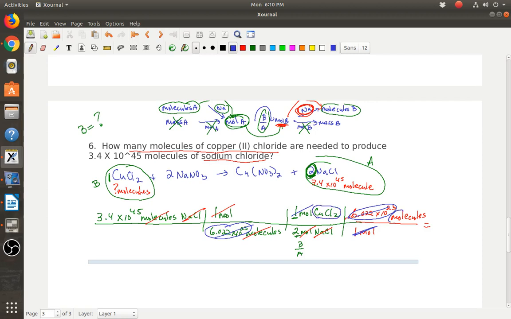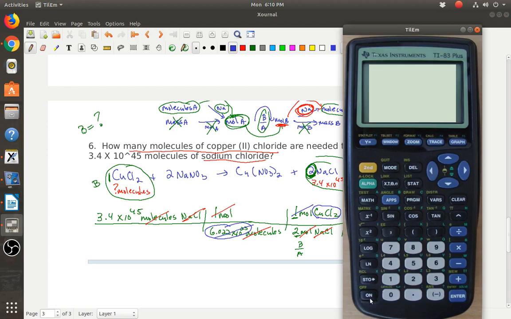That many molecules. All right, so I'm going to pull it up on my calculator. Again, turn it on. We have 3.4, second function. There's the double E, 45. Enter. I don't have to divide by this number because it's already canceled. I just have to divide by 2. Divide by 2. Enter.